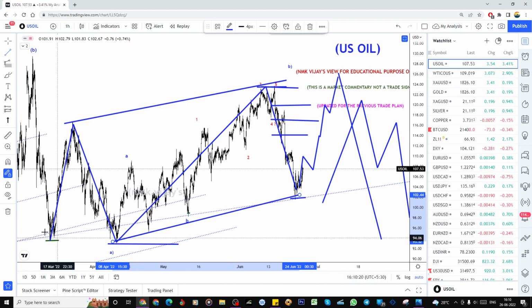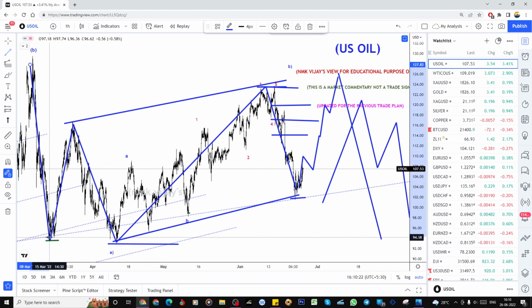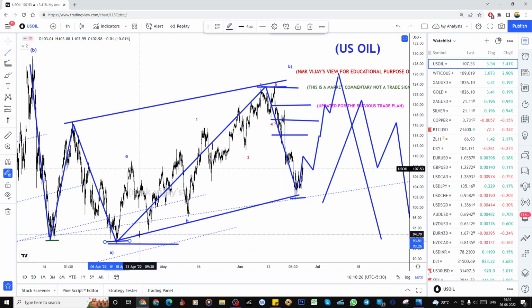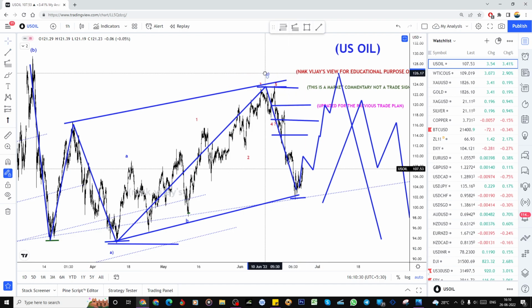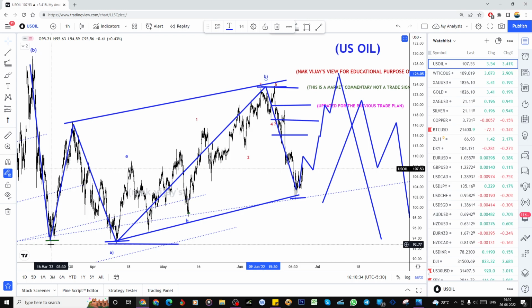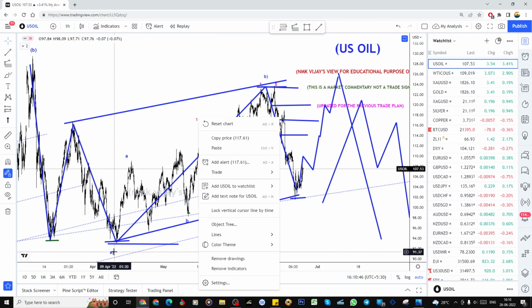We didn't know whether this is the A, and B and C ended here. This could definitely be the B, but we didn't know whether this is the A. This could be another intermediate wave A. The B is a little bit expanded, it could be a running flat correction. So then C.